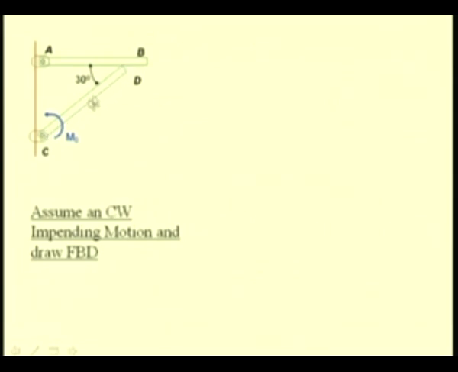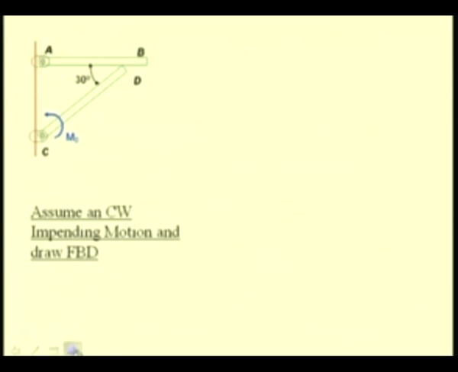If we see this rod CD, when it tends to move in the clockwise direction, the point D tends to move towards B. So, the frictional force will always resist the motion. So, it has to be in the opposite direction of the impending motion. That means the frictional force will be from B to A.